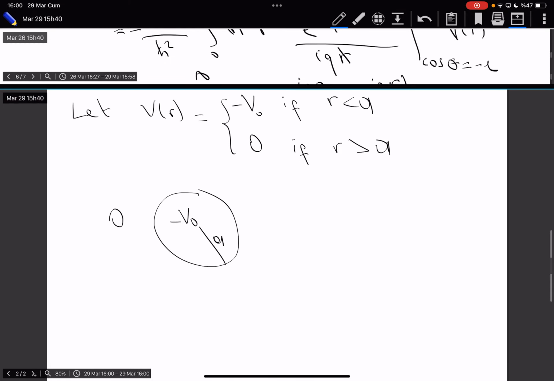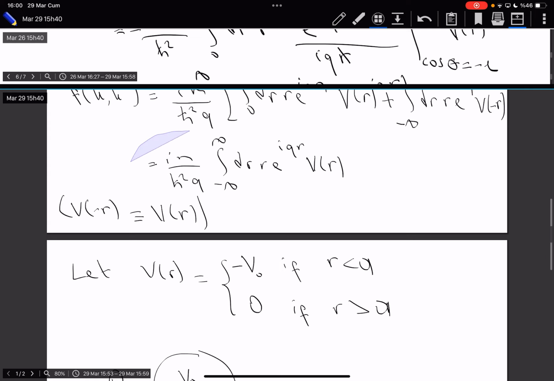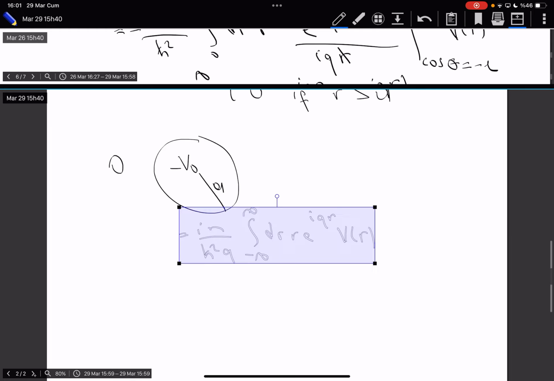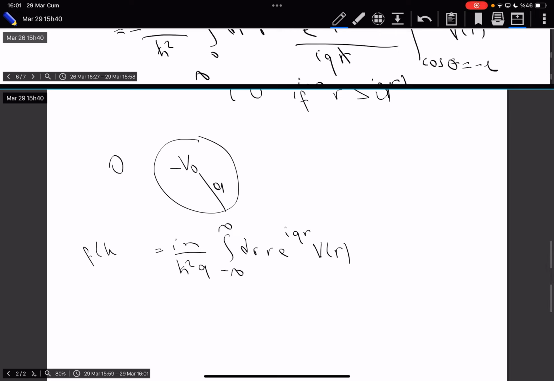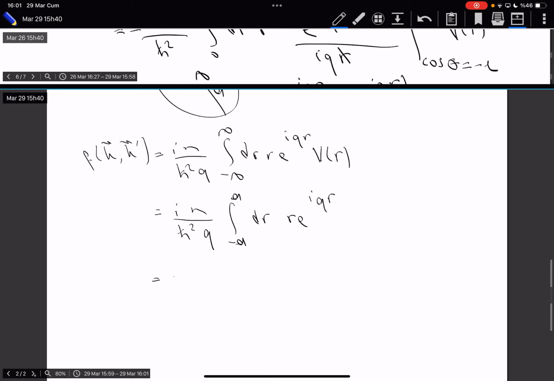Outside, it is 0. So we are looking at this problem. This is the integral we need to evaluate. Well, now the integral is from minus a to a.